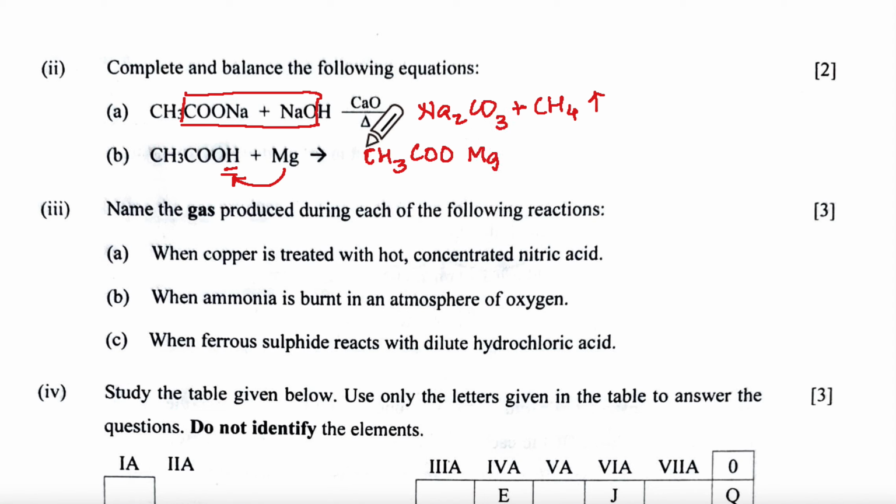This is 1 minus. So it will become (CH3COO)2Mg. So this will be 2 molecules and H2 will be displaced, and that would be a balanced reaction. Let's come to the third subpart, which is for 3 marks.